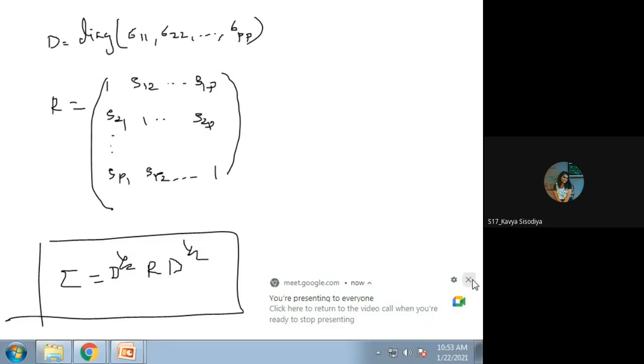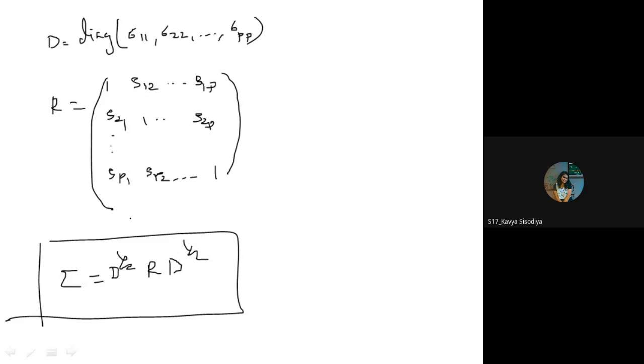Is that okay? Yes sir. So here we have simply used this concept. We know that the correlation between i and j is nothing but the covariance between i and j divided by the corresponding sigma ii raised to half and sigma jj raised to half, that means the variance square roots. We have used this concept, and then we can write it in this matrix notation.